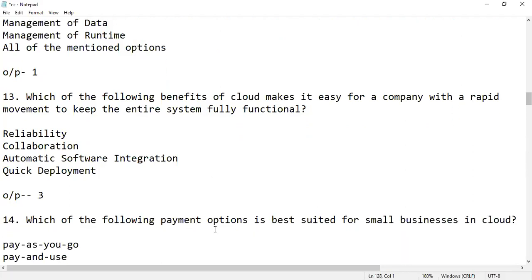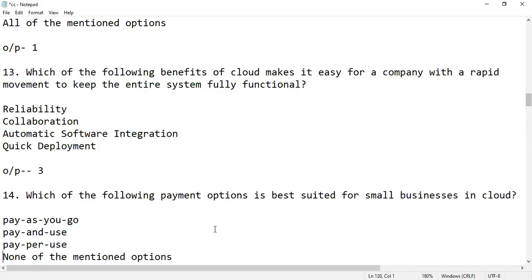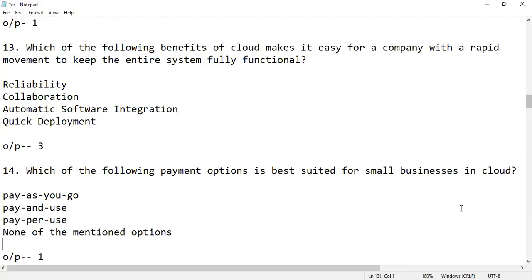And this is the last question for today. Which of the following payment options is best suited for a small business in the cloud? What will be the answer for this question? Okay, anyone else?